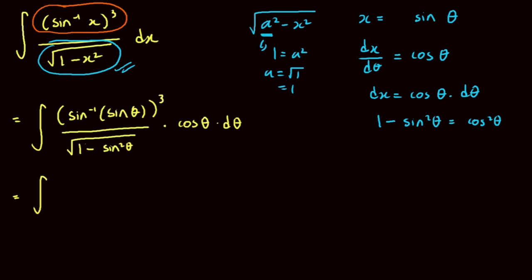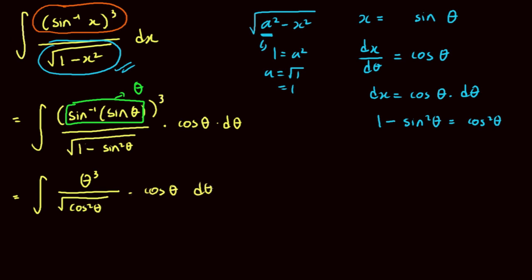So what we have here: sine inverse sine theta is just equivalent to theta, so there's no need to panic. We end up getting theta cubed. And for the denominator, square root 1 minus sine squared theta is just cosine squared theta, with the square root giving cosine theta, times cosine theta d theta.